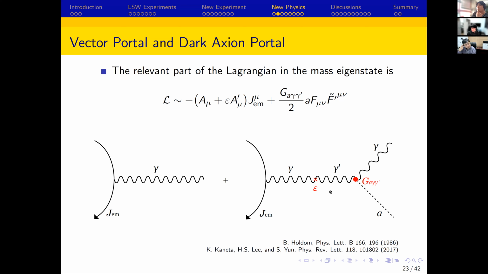I'm not quite sure if I'm following the situation, but just look at the Feynman diagram. Yes, I'm looking at the Feynman diagram, but that diagram is strictly for the interaction eigenstate. We cannot really bring the mass eigenstate into that diagram. Once we start to talk about the mass eigenstate, we have to replace the whole thing on the right side with a gamma prime that's produced with the epsilon suppression, and that gamma prime decays into photon plus axion.